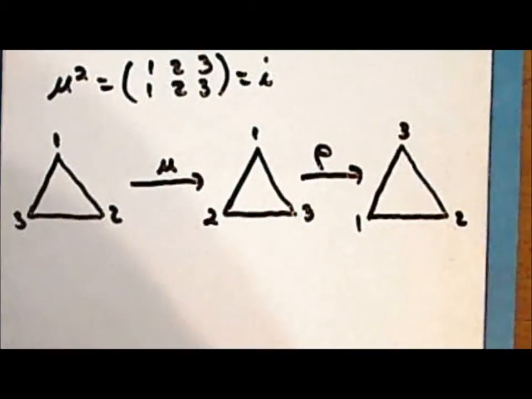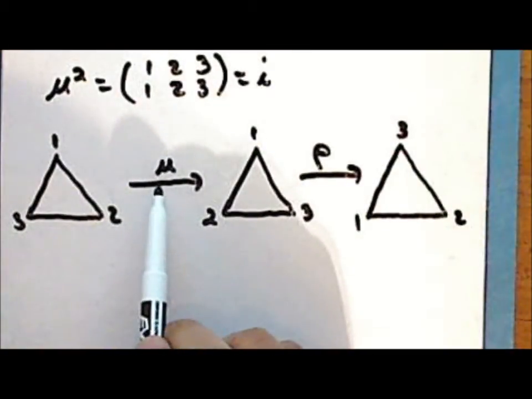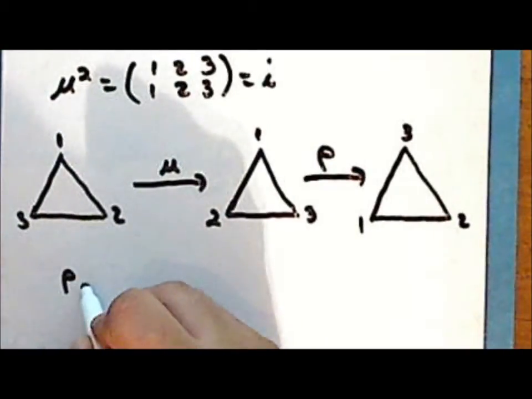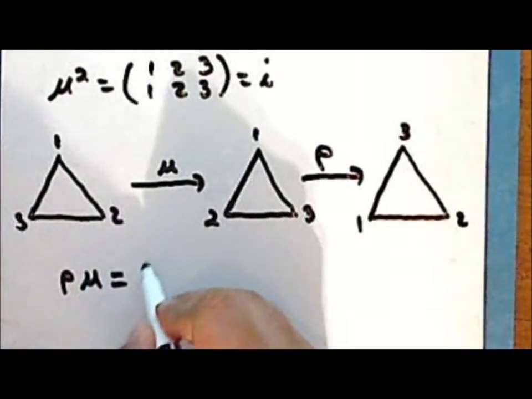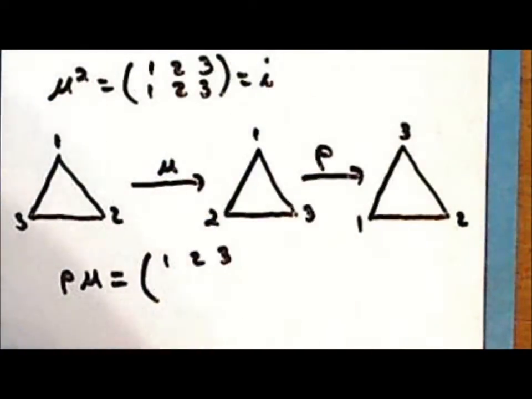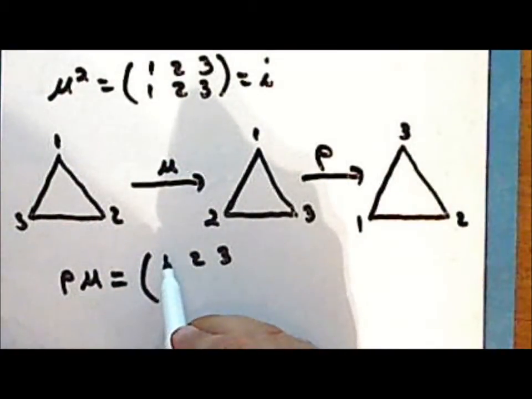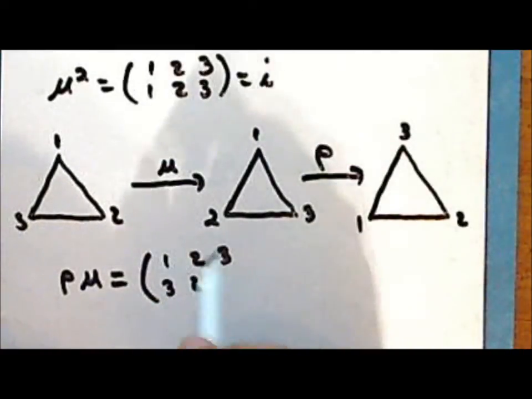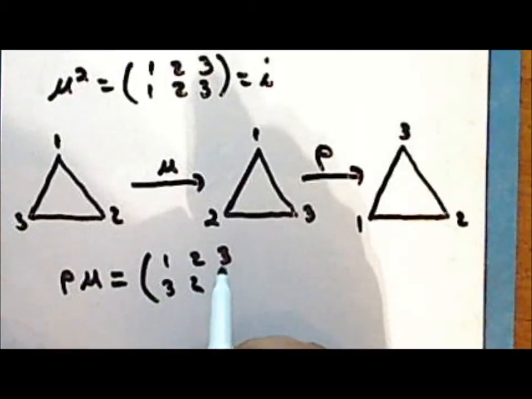then the combination of applying the reflection and the rotation is rho times mu, and this can be regarded as the permutation of the vertices that maps 1 to 3, 2 is fixed, and 3 is mapped to 1.